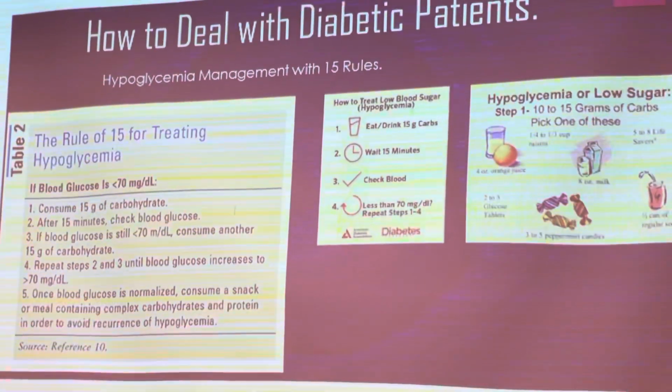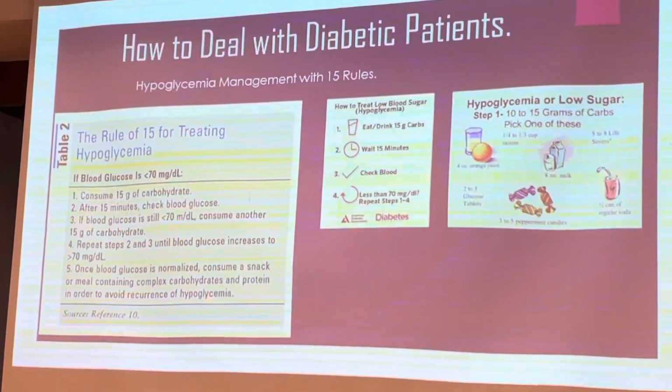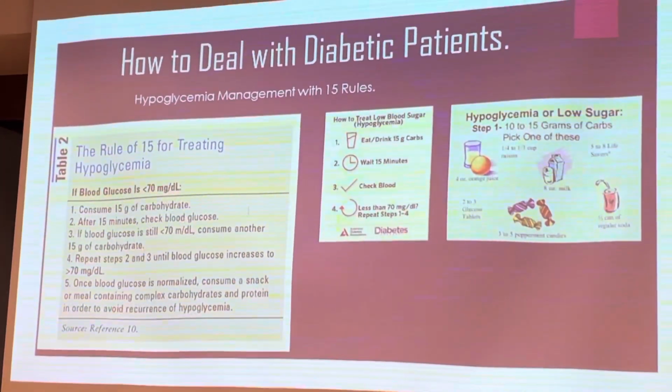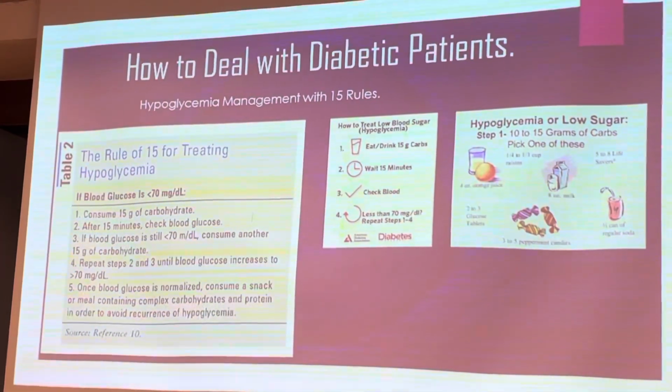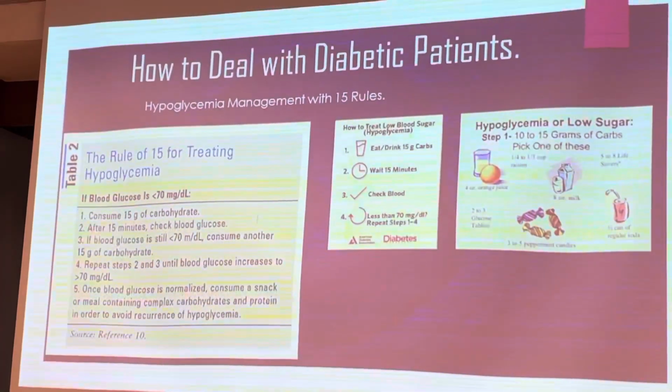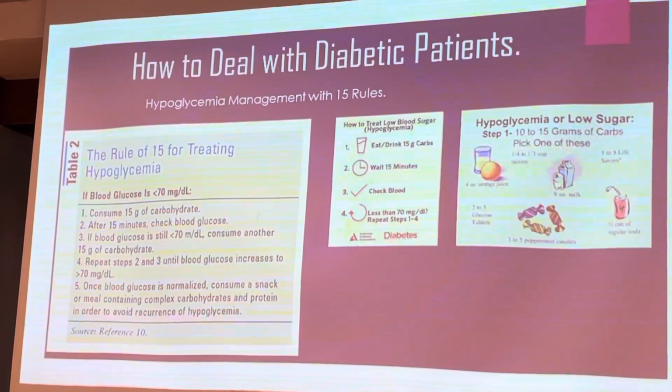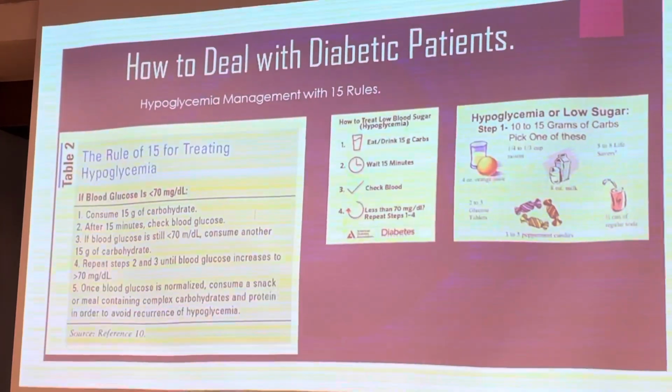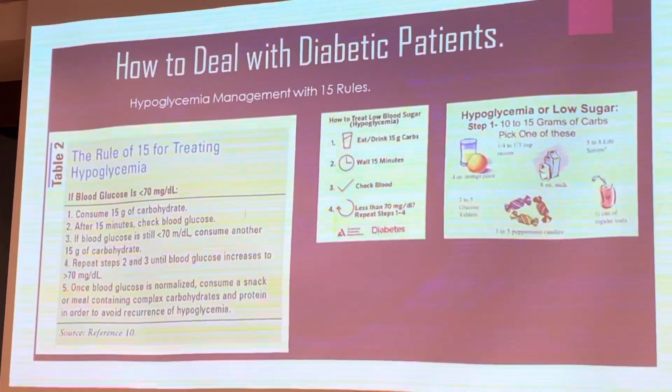Okay, when the patient has hypoglycemia, how can we manage without the doctor? If we can reach the phone and inform the doctor, it's okay. But you can manage the patient when the blood sugar is below 70.